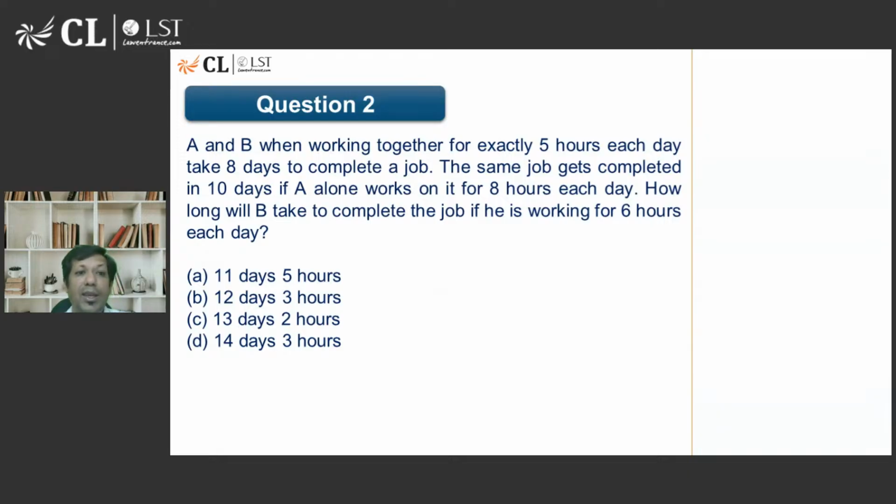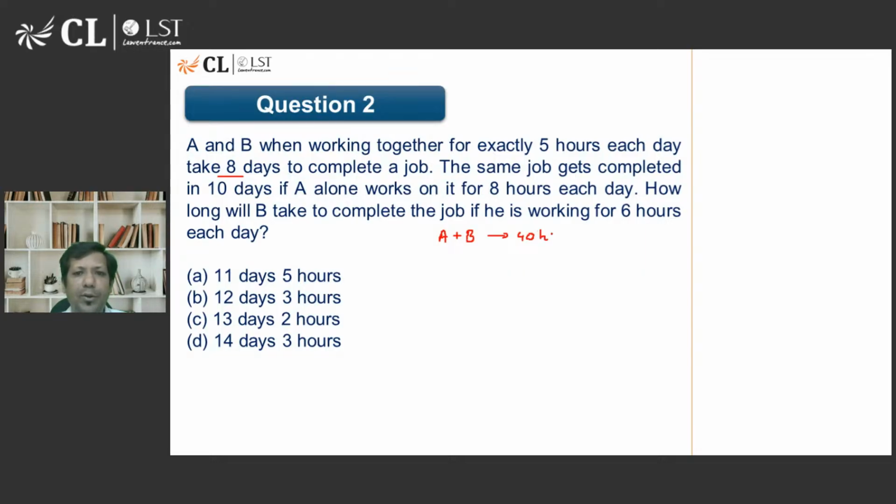It says that A and B, when working together for 5 hours each day, take 8 days to complete a job. Okay, so what does it say actually? That A plus B together can complete a job in 8 days, 5 hours every day.